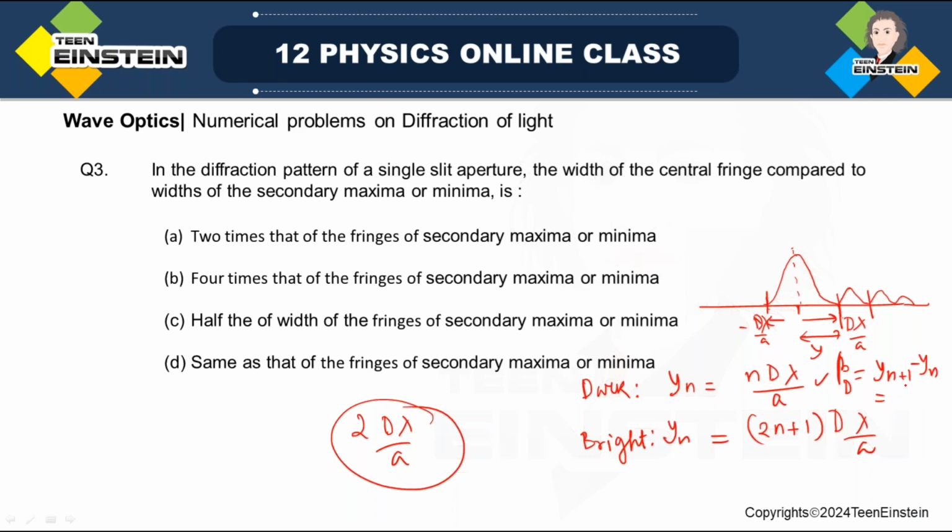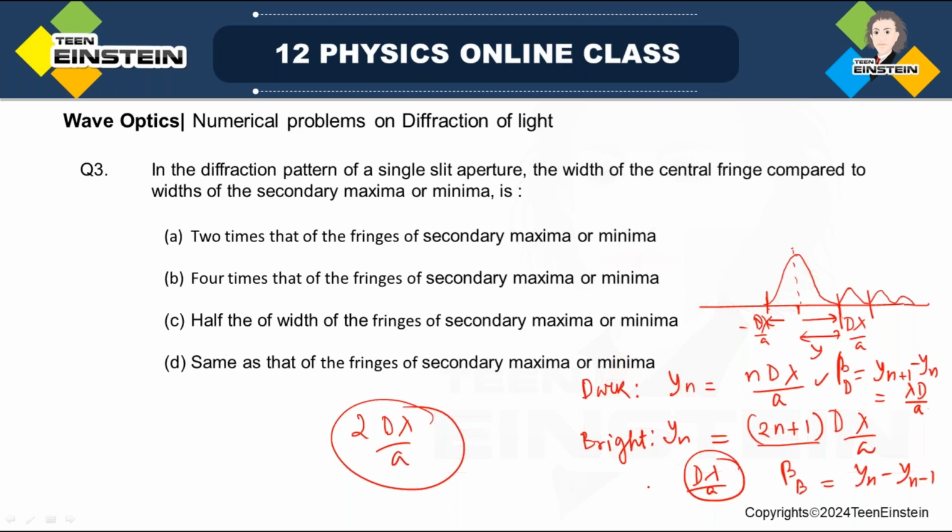If you do that, you'll see that this will be lambda d by a. And for the bright one also, if you just do this, y_n minus y_(n-1), you will get this also as d lambda by a.